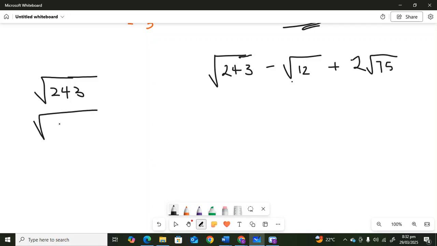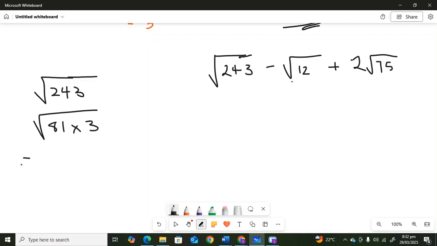243 divided by 3, that is 81. This 243 can be broken down into 81 times 3. So here we can see we've got a perfect square, 81.